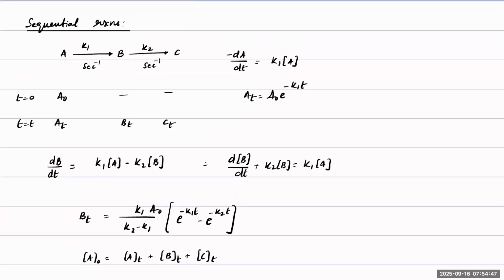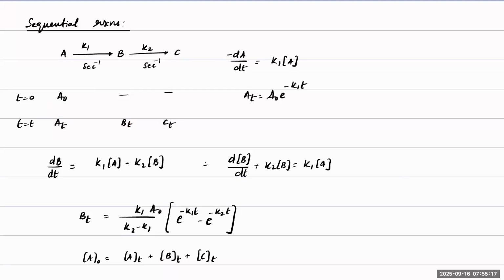Let us understand what a sequential reaction is, where A is giving B, B is giving C, and so on. Minus dA by dt can be written as K1 into A. A in terms of the Arrhenius equation can be written as A naught e raised to the power of minus K1 into T. So if this is A naught, then we have At, which would give us Bt and Ct after some time.